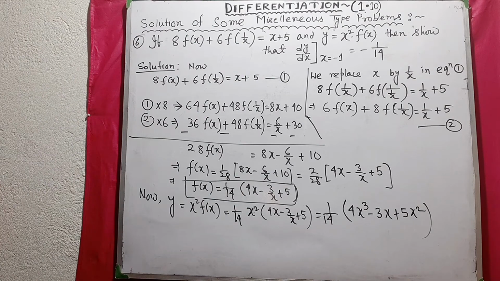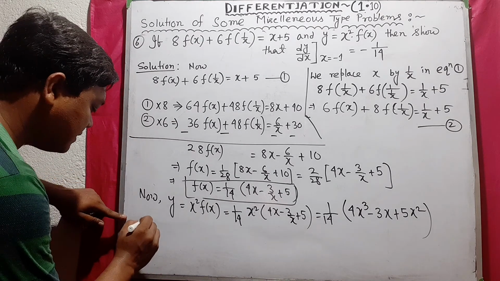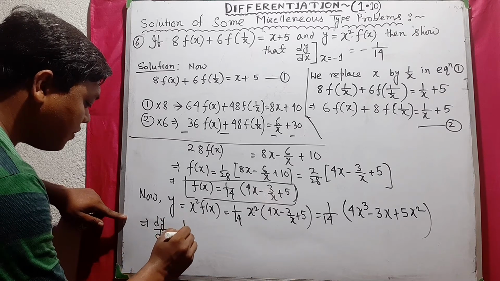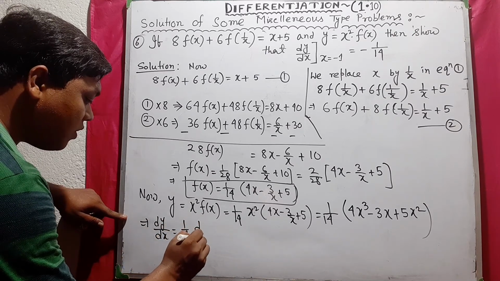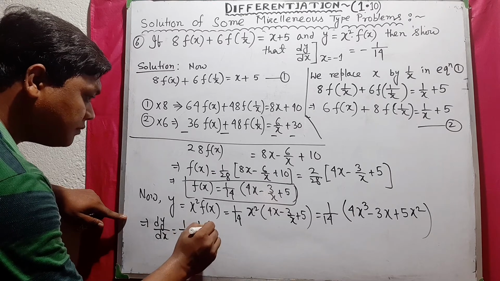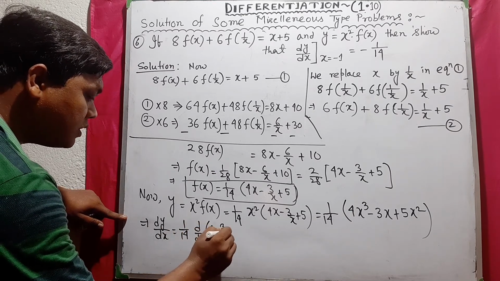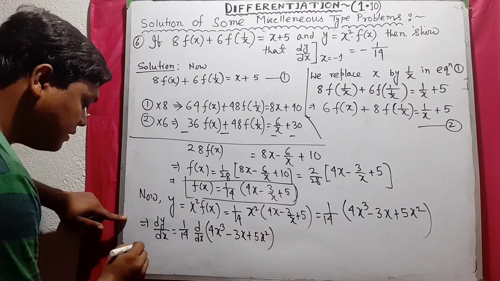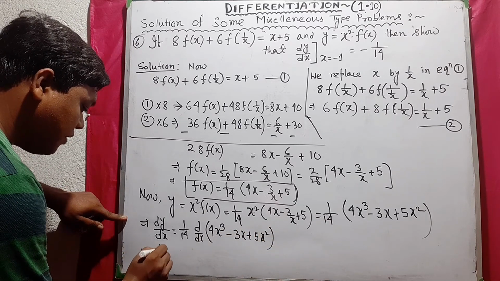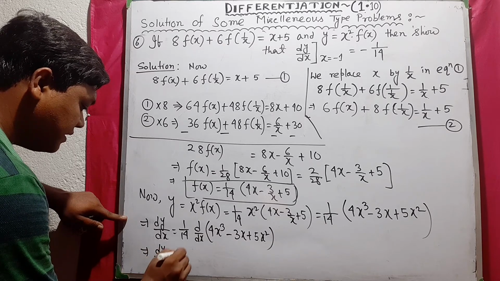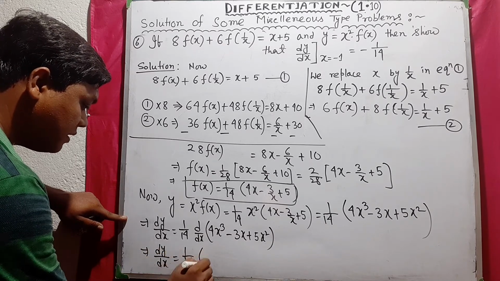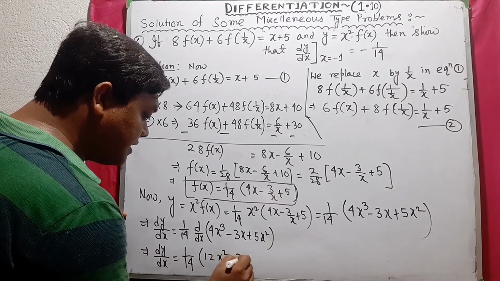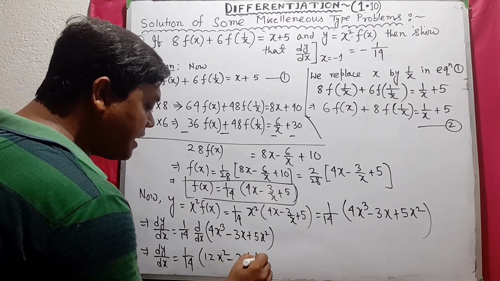Now differentiate with respect to x, both sides. So dy/dx equals to 1 by 14 d/dx of 4x cube minus 3x plus 5x square. So that gives dy/dx equals to 1 by 14 into 12x square minus 3 plus 10x.